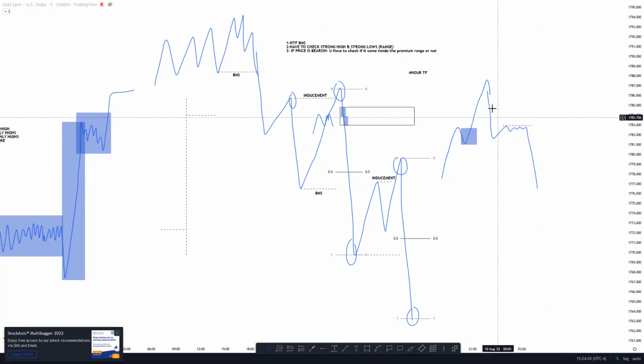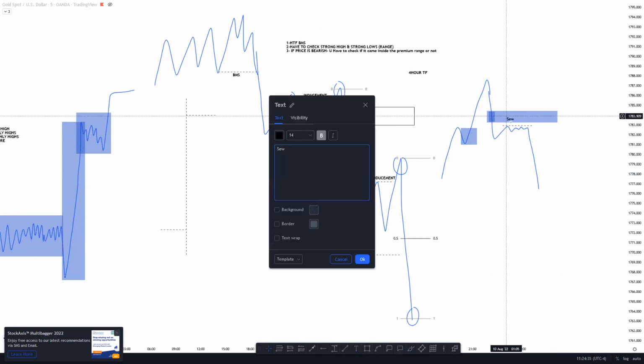So just above this base, you might find a hidden base in here. So this will be your secondary point of interest.